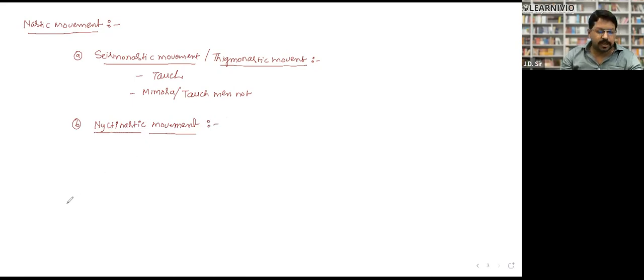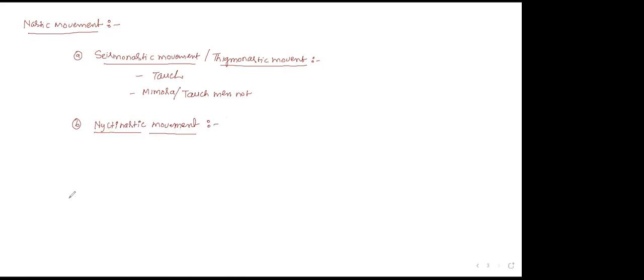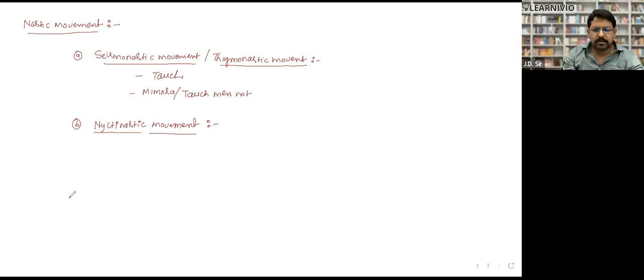The movement which takes place due to change in day and night. Sunlight. Any movement which takes place due to change in sunlight, presence of sunlight, absence of sunlight, that is, the movement which takes place due to day and night.